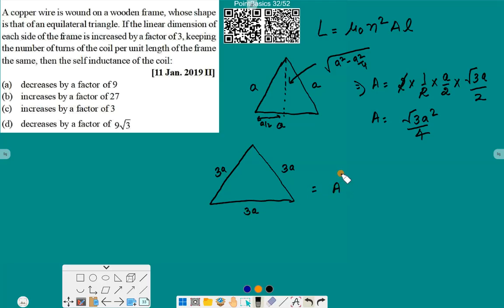Now new area A dash will be twice again half of the base, that is 3a by 2, this base is 3a by 2, into perpendicular. That perpendicular will be the square root of 9a square minus 9a square by 4. So that will be 36 minus 9, 27.